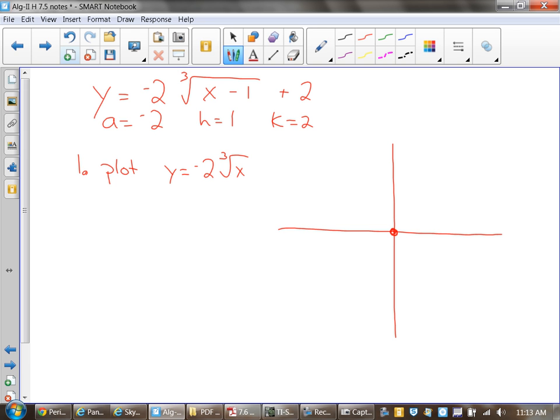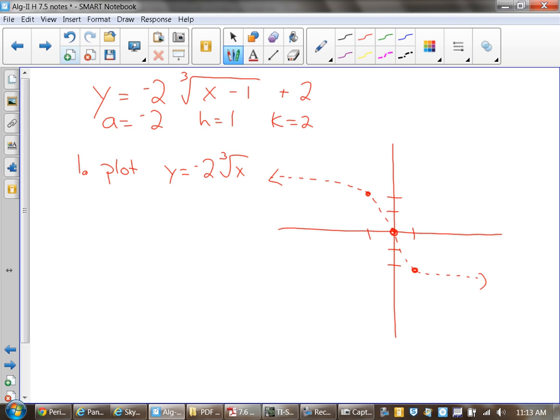Cube root of 1 is 1 times -2. Then it goes the other direction. Connect them via dots. Do I have to worry about domain and range of the cube root function?